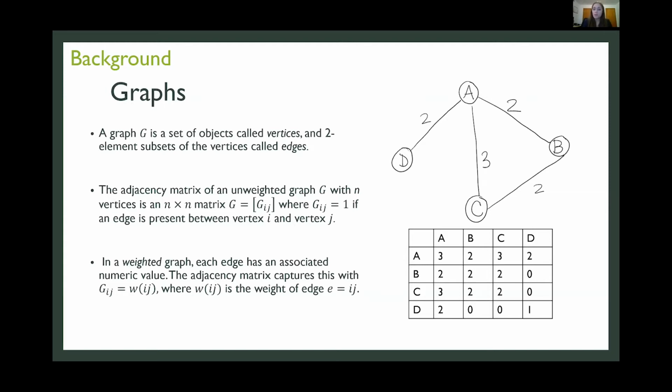So if it's unweighted, we just say the entry is 1 if there's an edge between that corresponding row and column. And if it is weighted, we place that weight in that entry. So if we look at this matrix down in the bottom right, and we look at the first row, so A, and the C column, we see the number 3. That represents that the weight of the edge between A and C is 3.